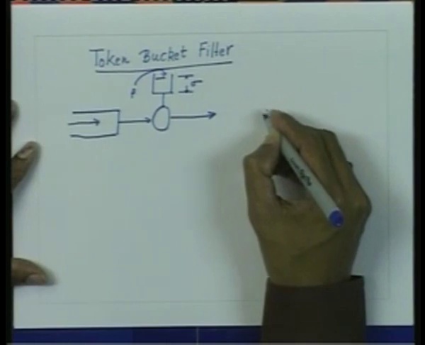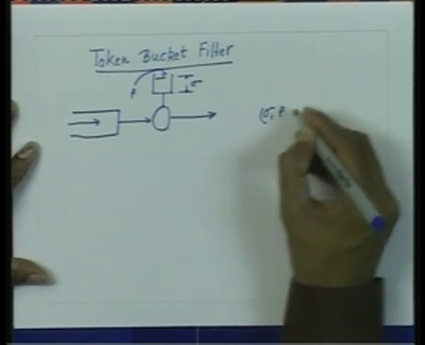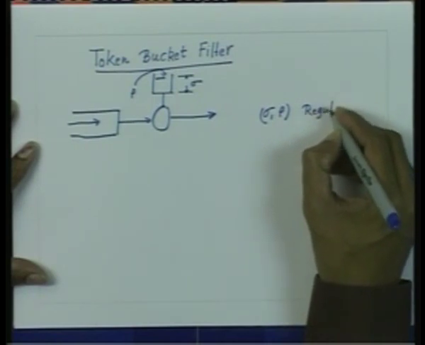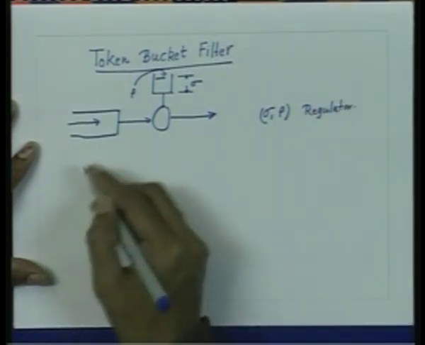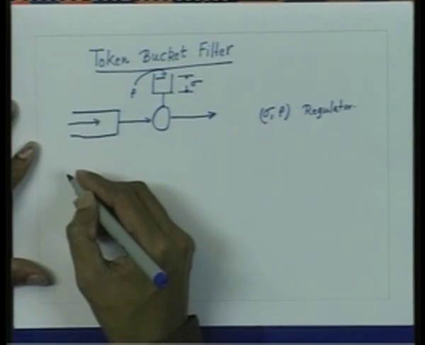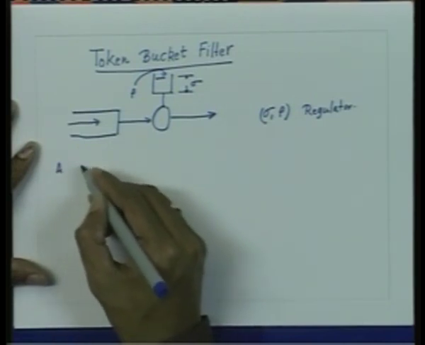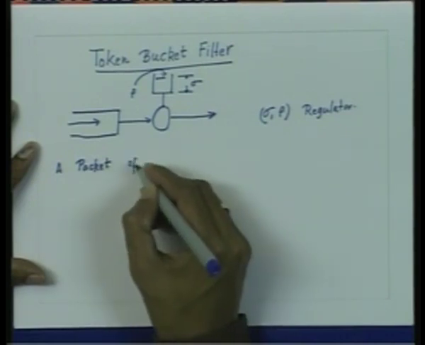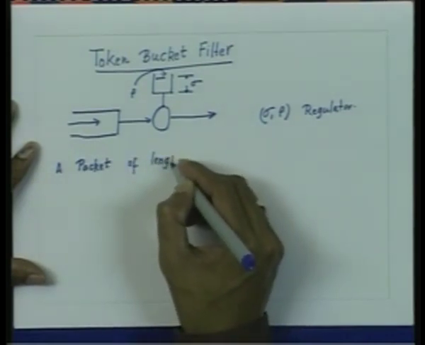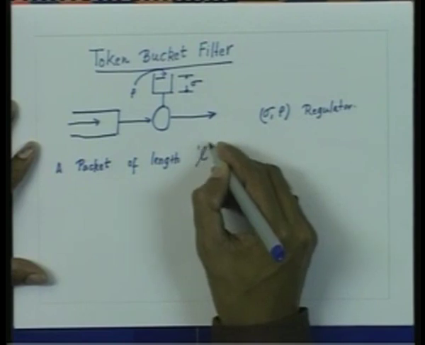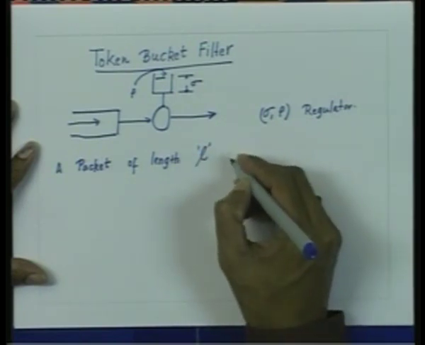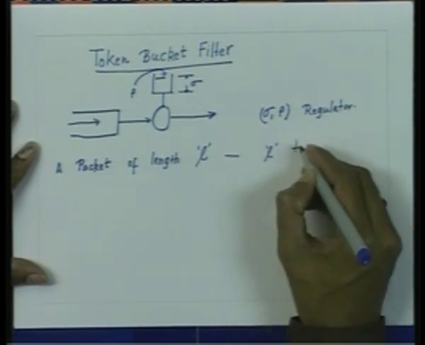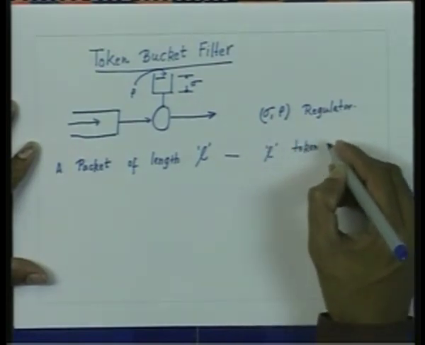So this is also called a sigma rho regulator. Now, the important difference: a packet of length L takes L tokens from the bucket.